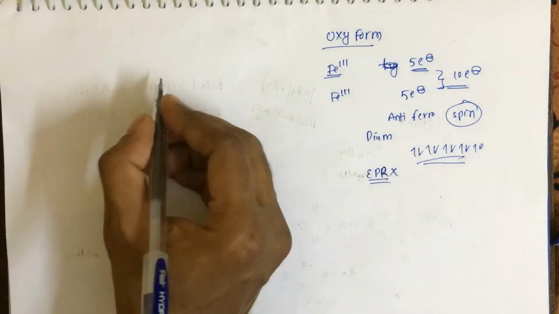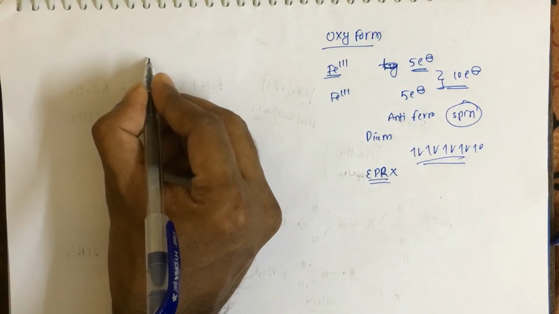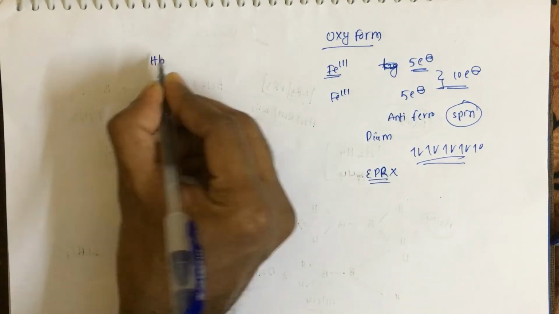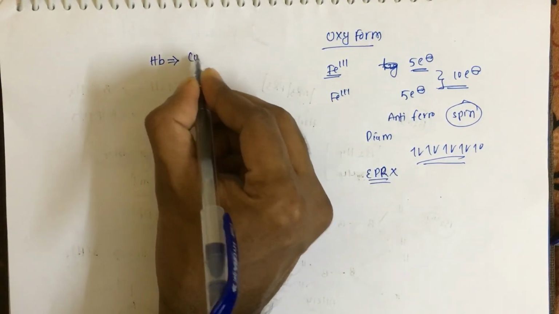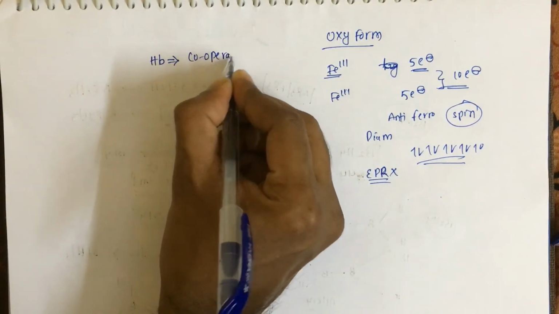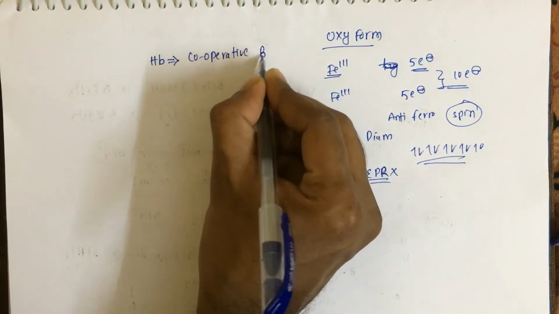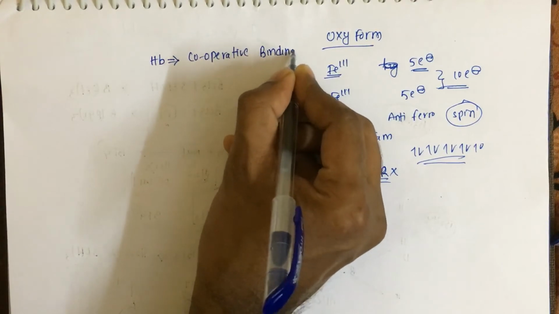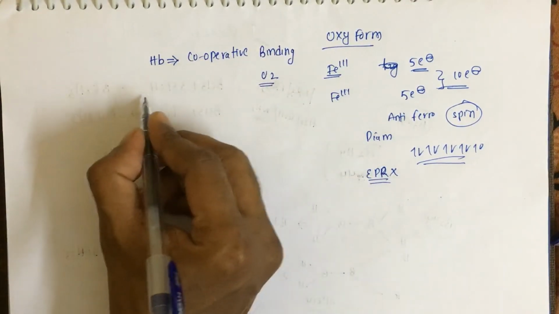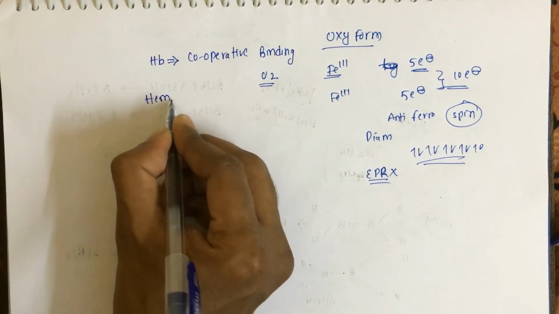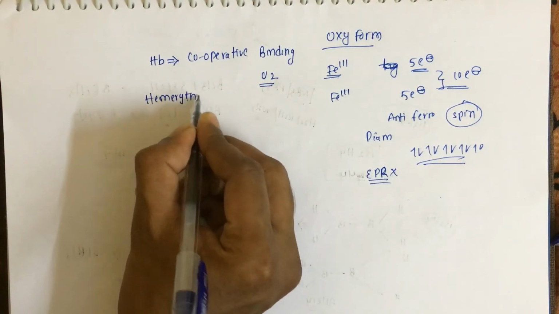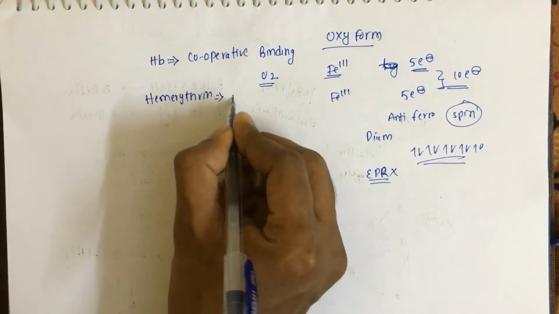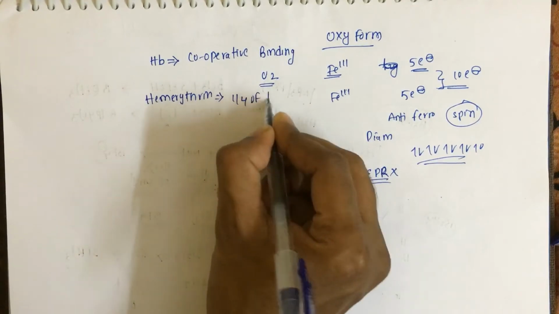And we know that hemoglobin shows cooperative binding towards oxygen. But hemerythrin is not as cooperative as hemoglobin.